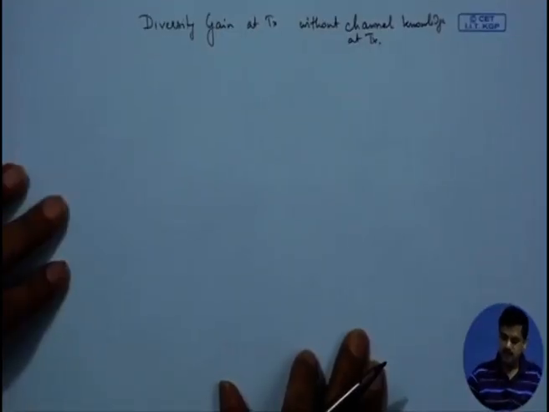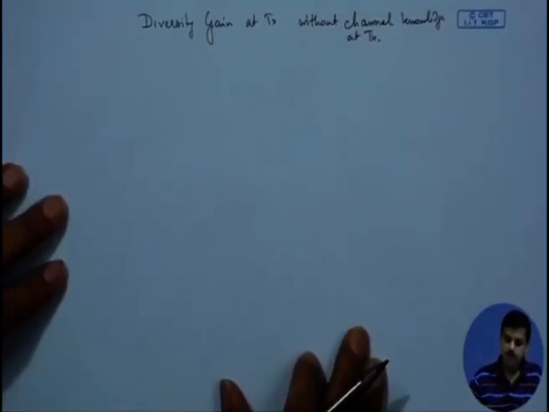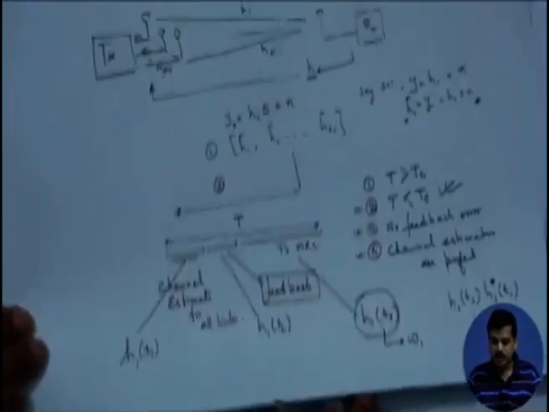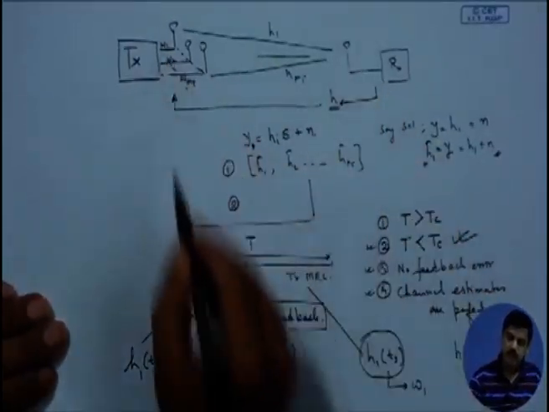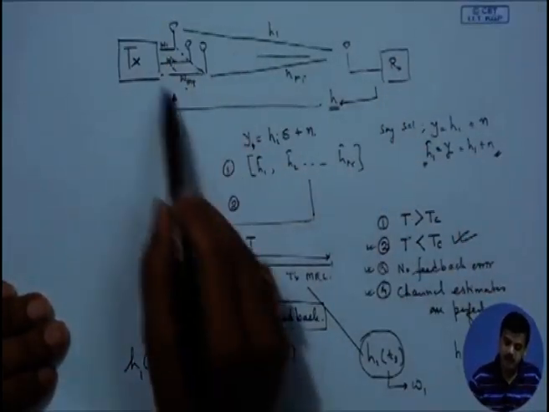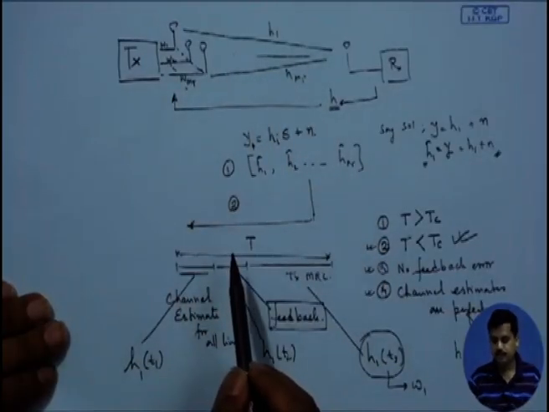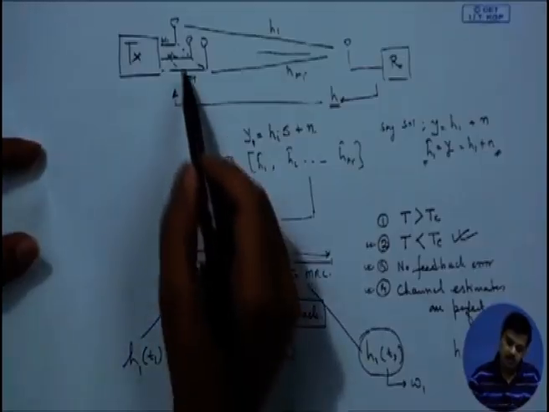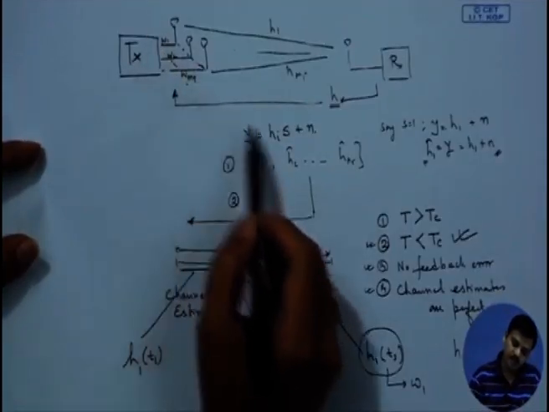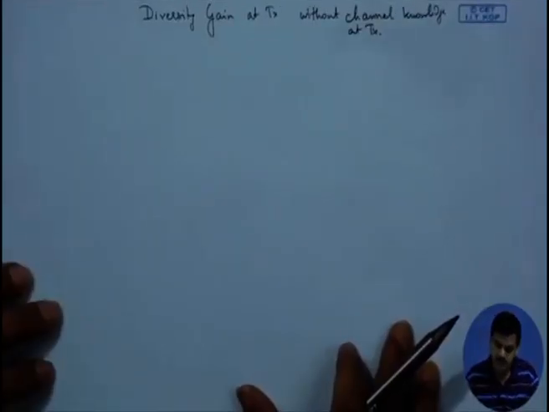Now this is very, very important. We are not assuming any channel knowledge. That means we are avoiding this whole process of feeding back channel information, using which one would be sending the communication signals. So we are assuming it's not there. Something better has to be done at the transmitter where H is not used. That is the domain that we are going to look at.